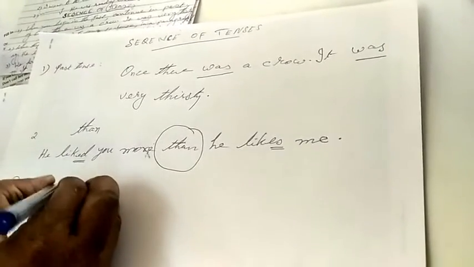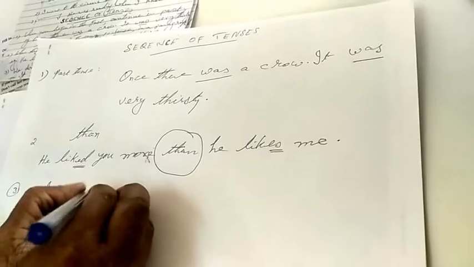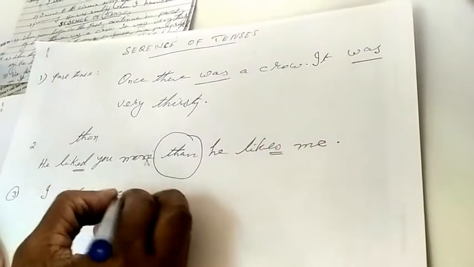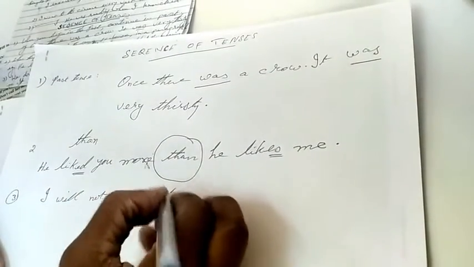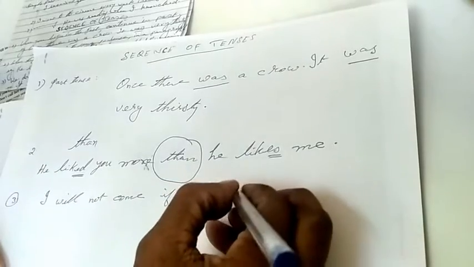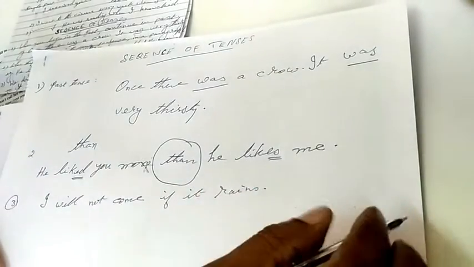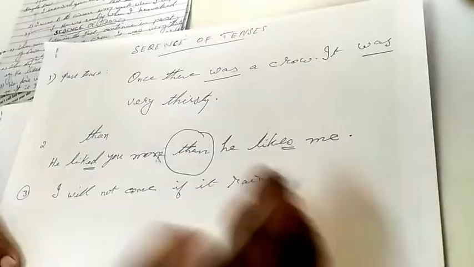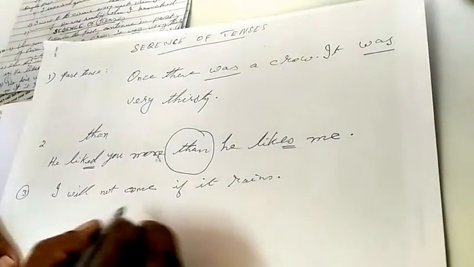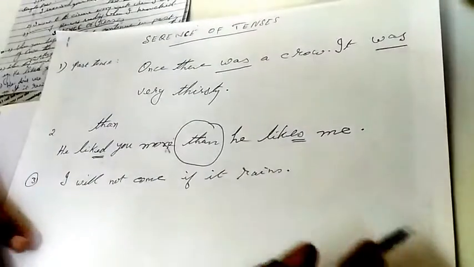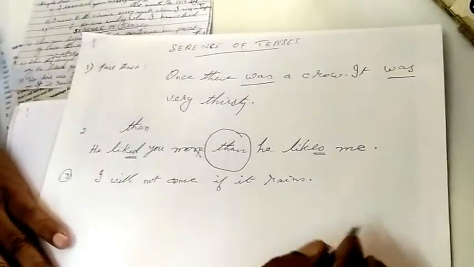I will not come if it rains. You can say the sentence very well the other way. If it rains, I will not come. It hardly matters. But the point is, there are two verbs.